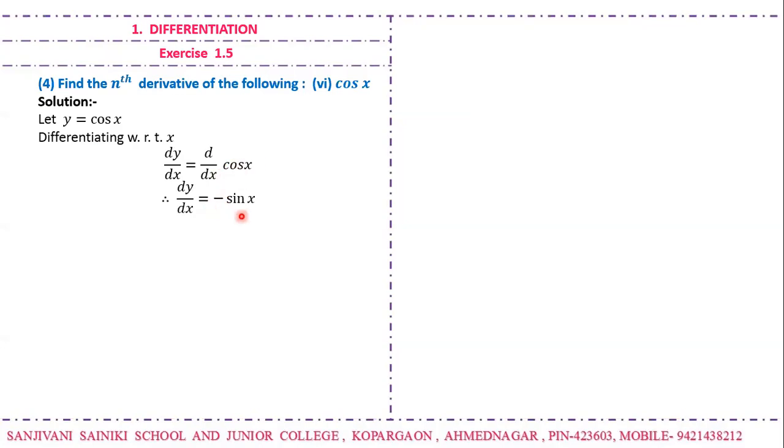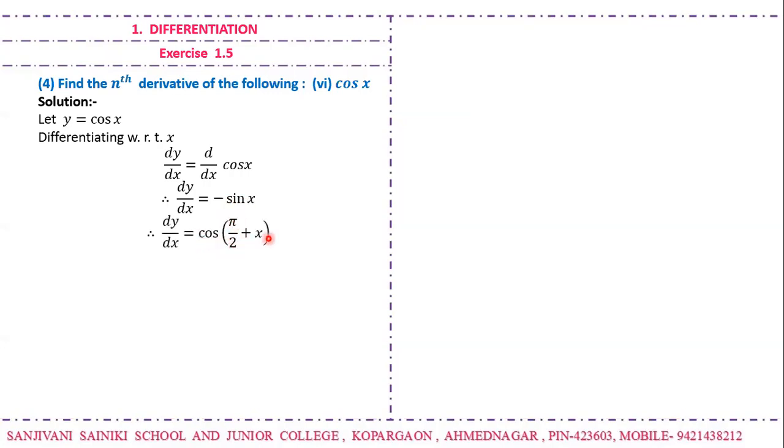Now if we go on differentiating this function, alternately we will get cos x, sin x, cos x, sin x, and finally we are not able to write its nth order derivative. So we have to keep only one function at each and every step of the differentiation. So what we will do, we will write this derivative in terms of cos, as it is minus sin x, so I will write it as cos of 90 plus theta.